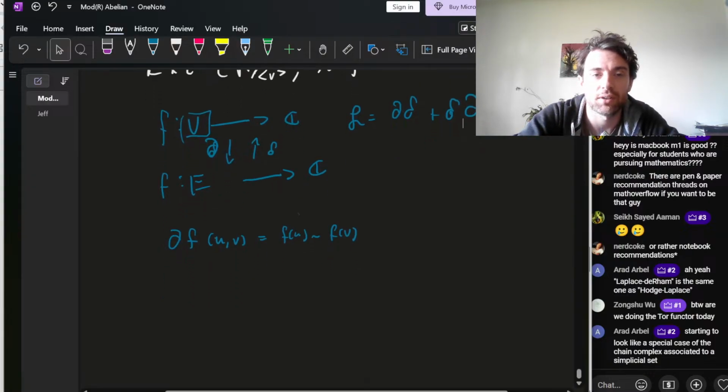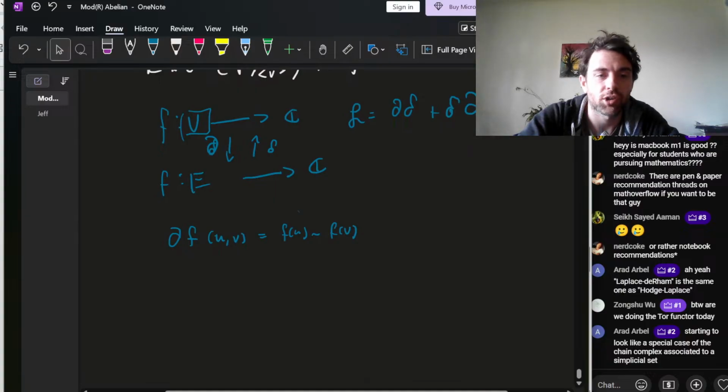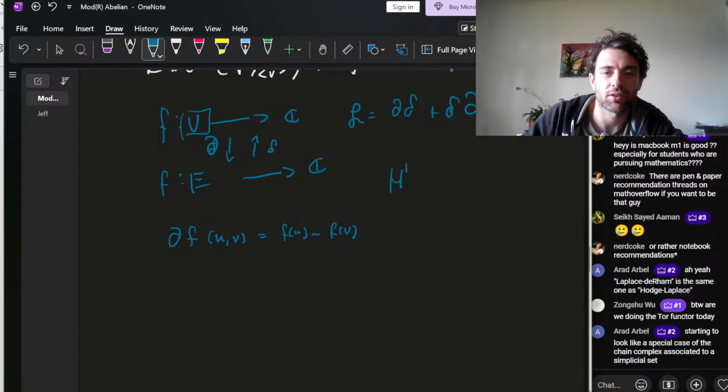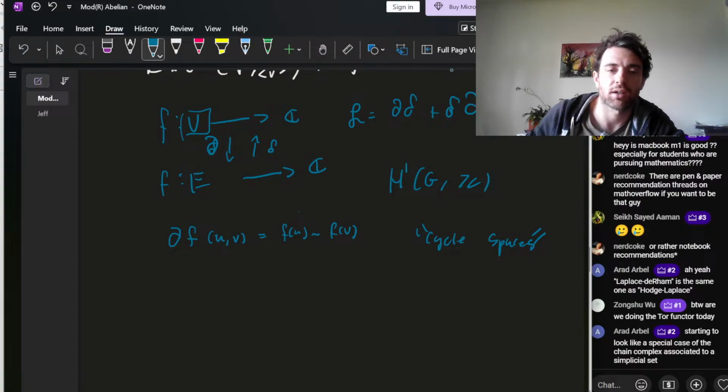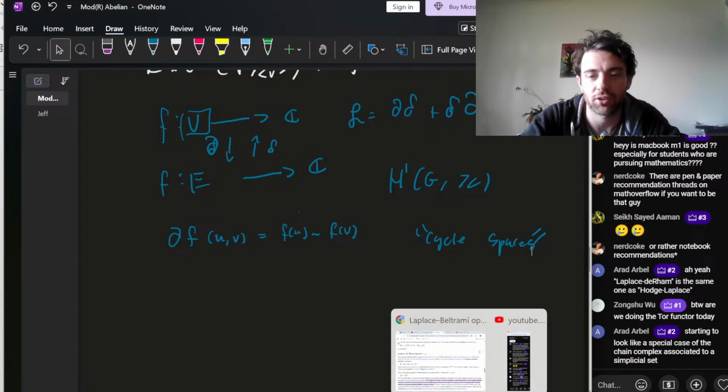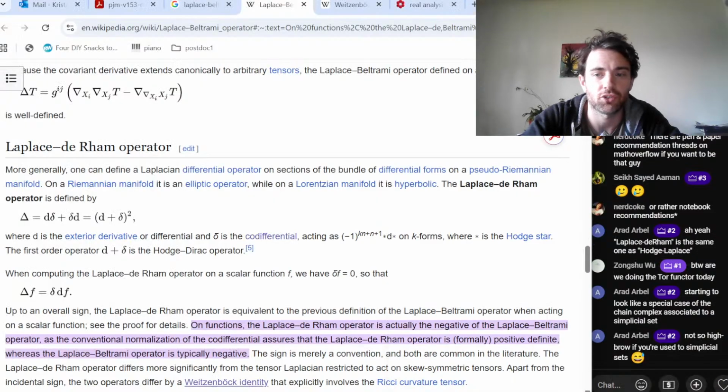You can definitely do that, and then you can compute the first cohomology of your graph, which is also known as the cycle space. It basically corresponds to circuits in your graph. There's a whole interesting thing for us to discuss there, but anyway, I just wanted to mention it.